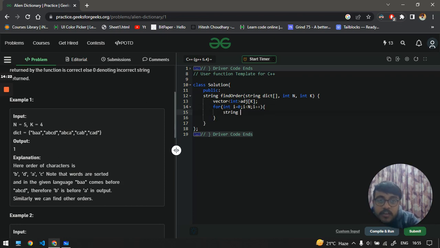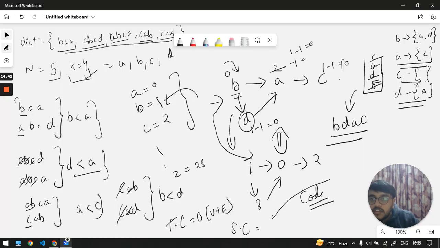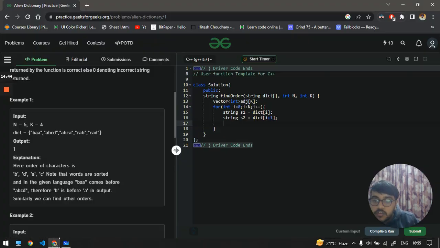First I'll take the string s1, which is dict of i, and s2 as dict of i plus 1. I'm just taking two adjacent strings here.